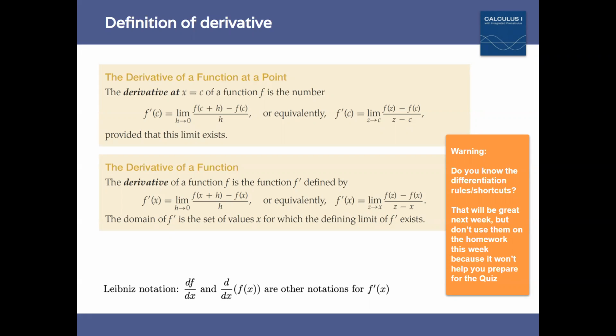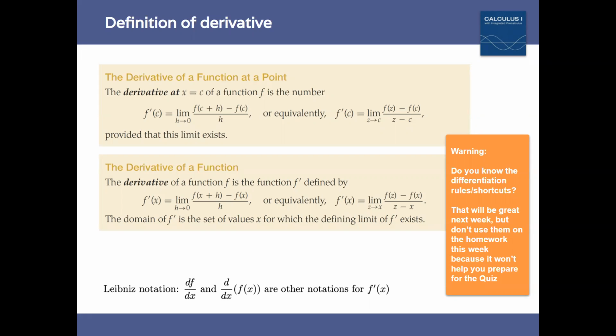And there's sort of a secondary definition. How can I get to that one with the z from this one? What do I have to change? What is z equal to? C plus h. Z is just another name for C plus h. So notice instead of h, which is the distance between C and the other point, we have the other point itself.